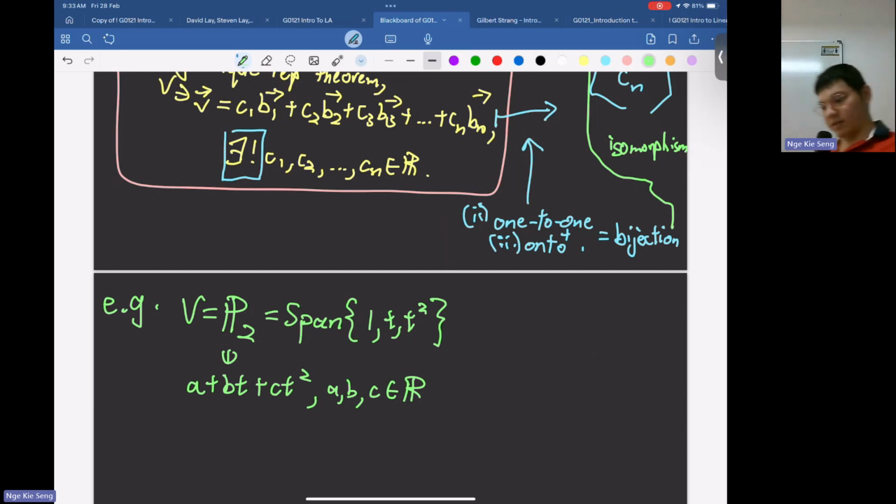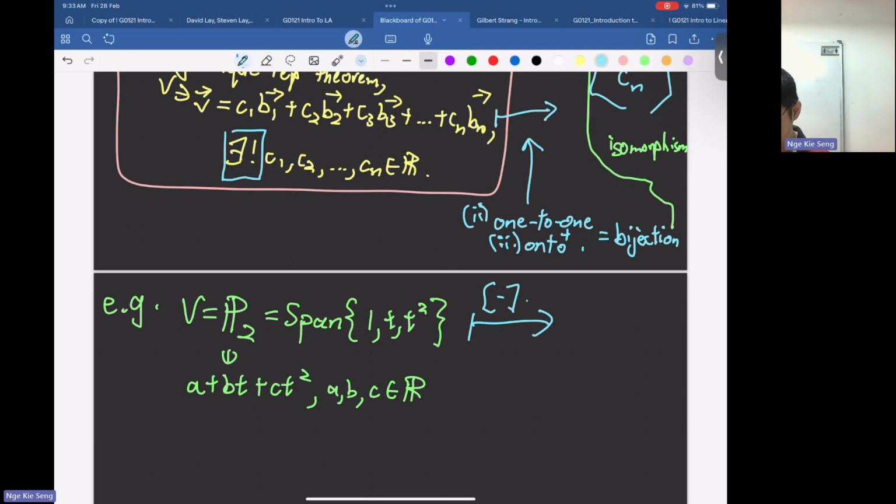If we apply this construction of the coordinate vector, what is the codomain you should land in? Which Rn? How many coefficients here? 3. So supposedly you should land in R3. Let's try this.